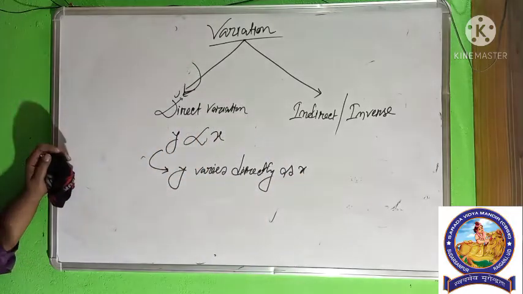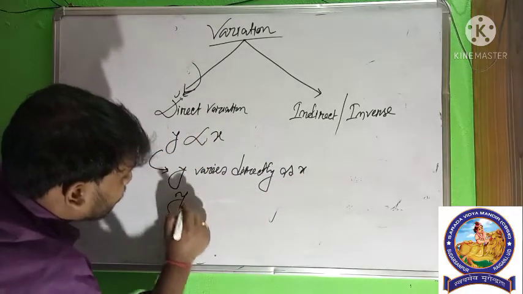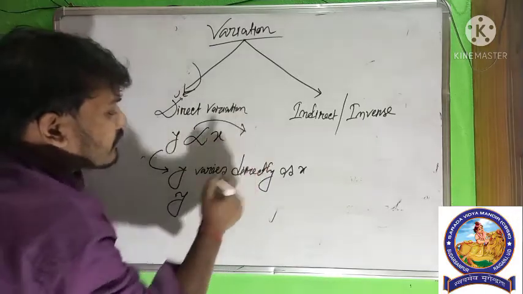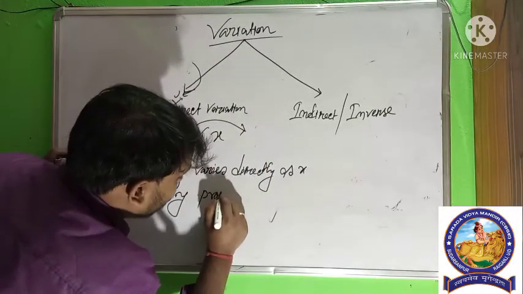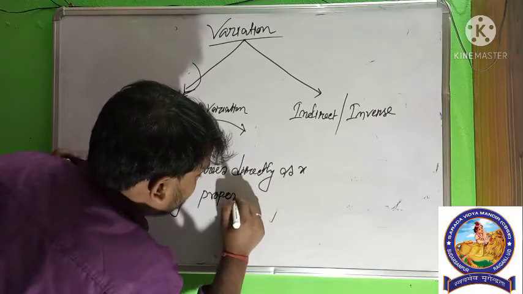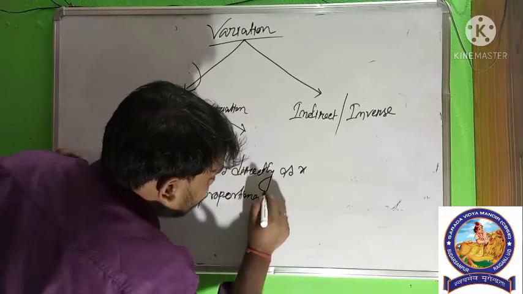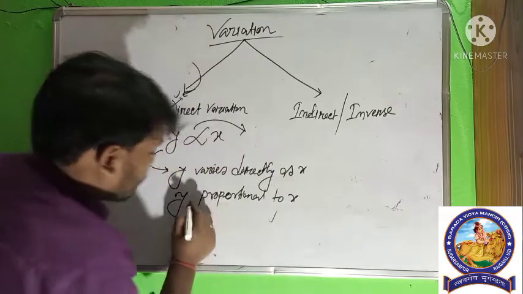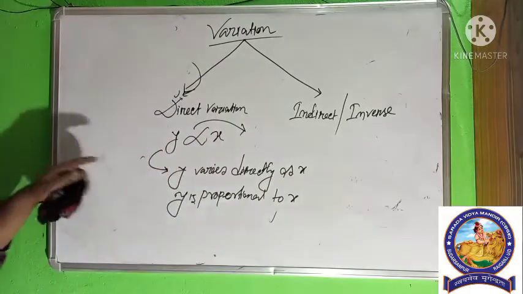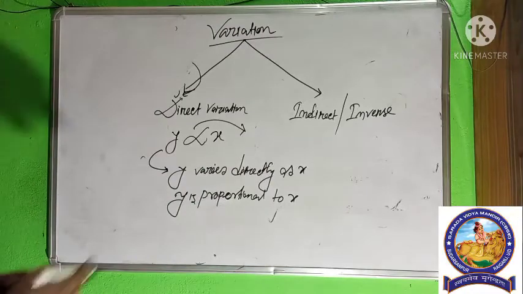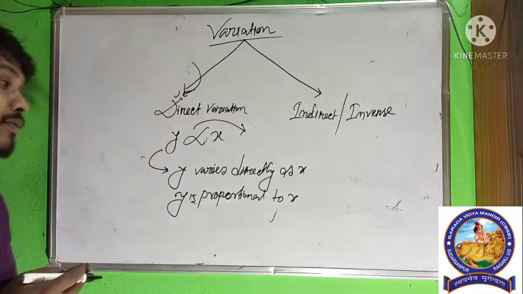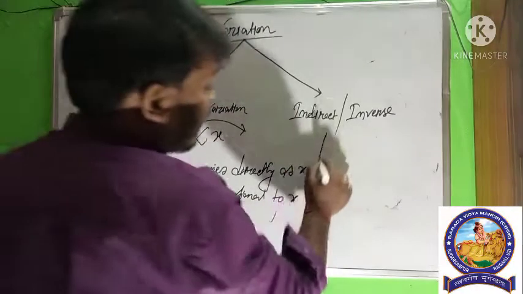This symbol is called proportional. y is proportional to x, or y varies directly as x.